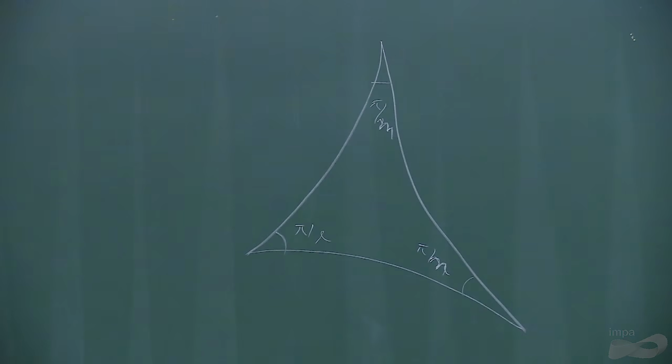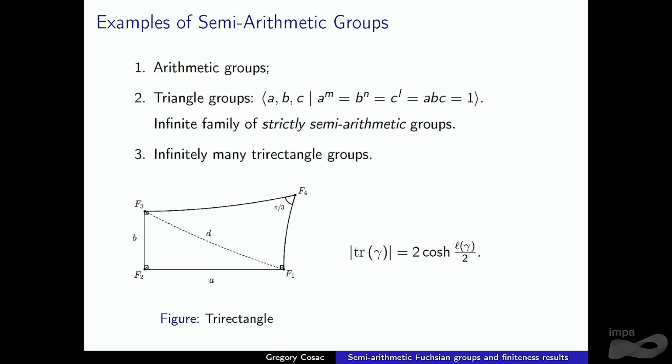And because it's a somewhat simple case, you can compute some things explicitly, and you see that all of these guys are semi-arithmetic. So all of them have integral traces, and all of the invariant trace fields are totally real number fields. And it's an infinite family.